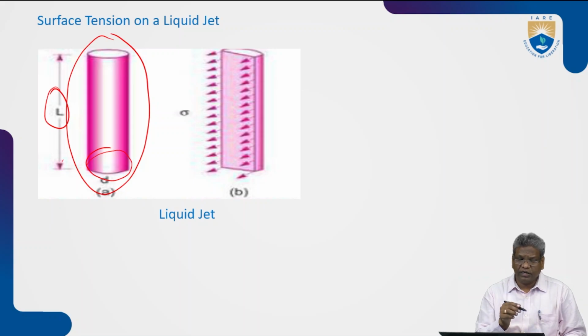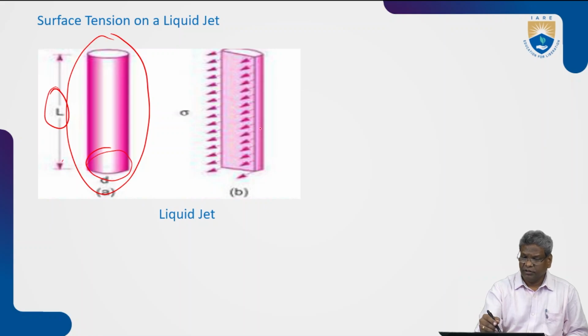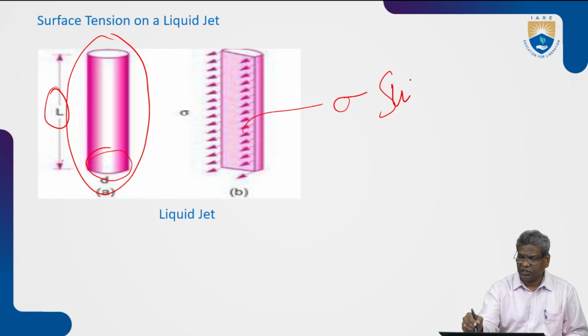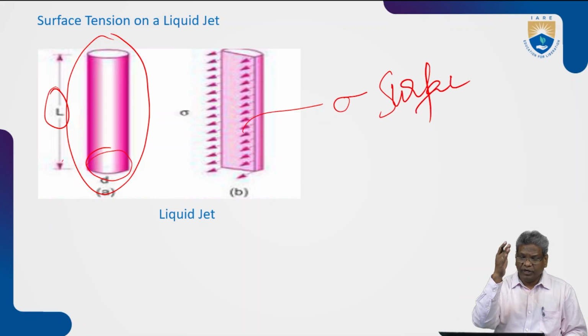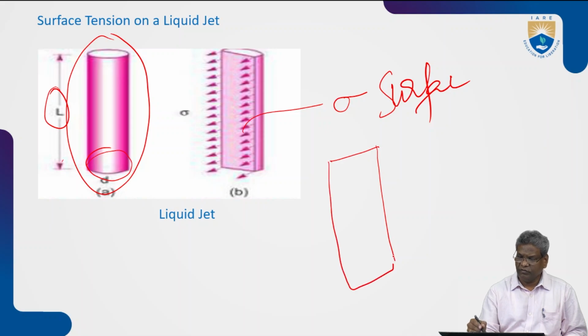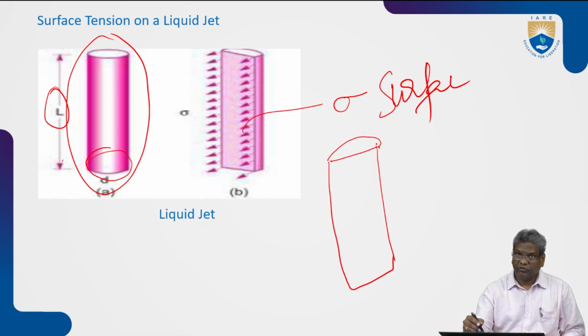If you make it into 2 halves, if you observe carefully here, these arrowheads are sigma, surface tension, right? If you break it into 2 halves, the liquid jet will be like this.